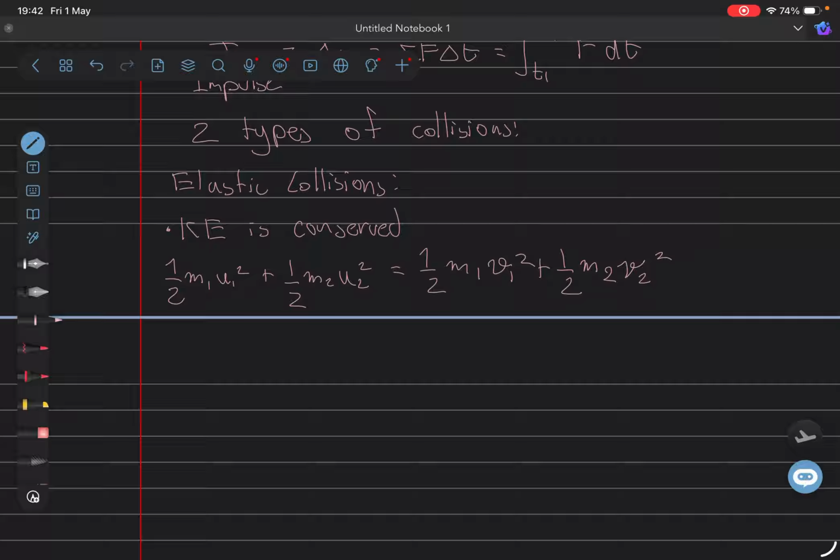Examples of elastic collisions are atomic or molecular collisions. The second type of collisions is inelastic collisions. In inelastic collisions, momentum is conserved too, because the law of conservation of momentum always holds in a closed system, but the kinetic energy is not conserved.